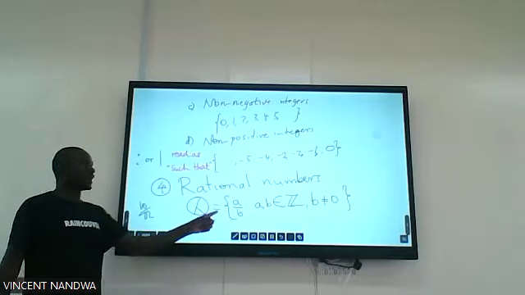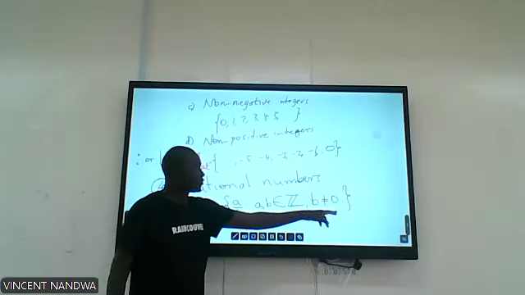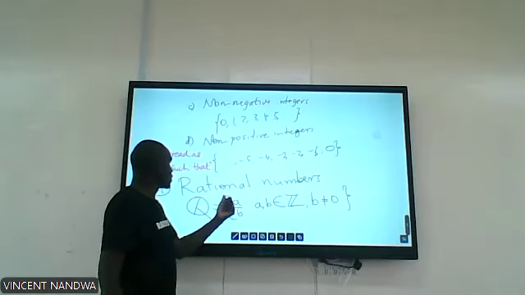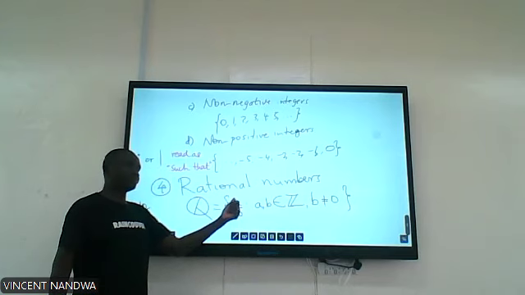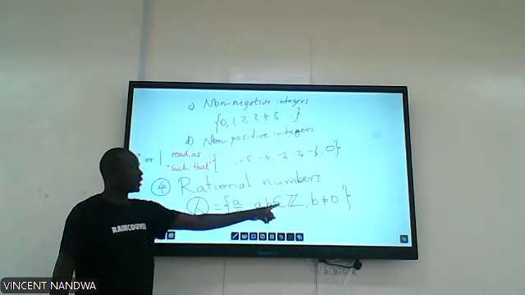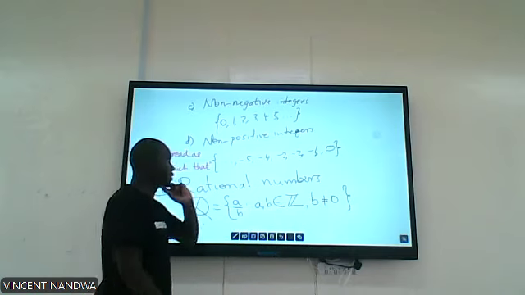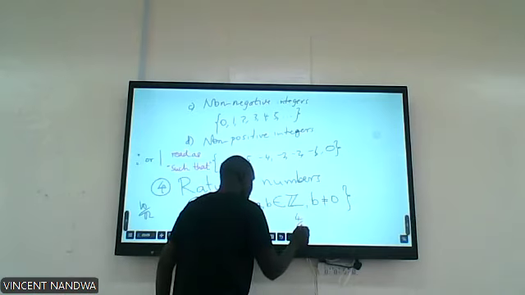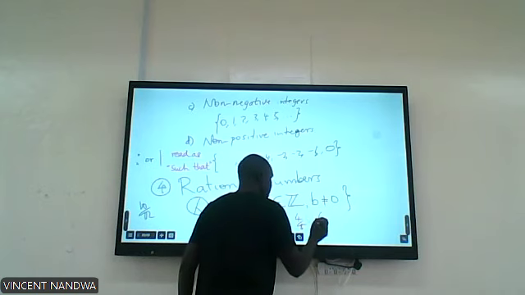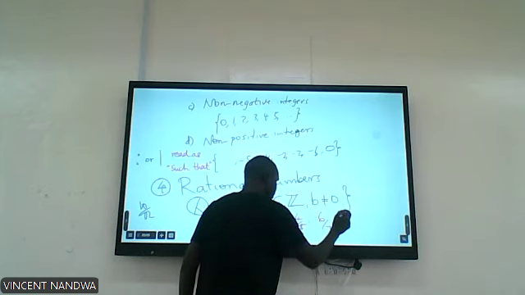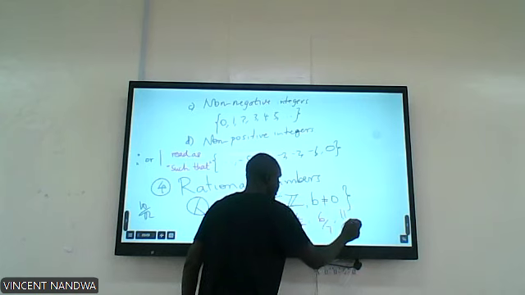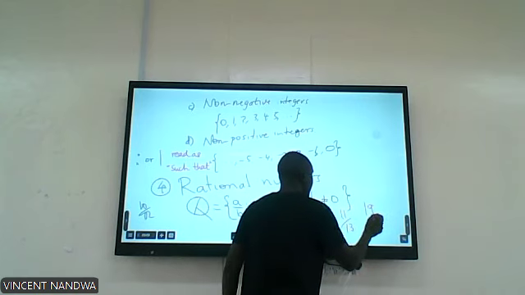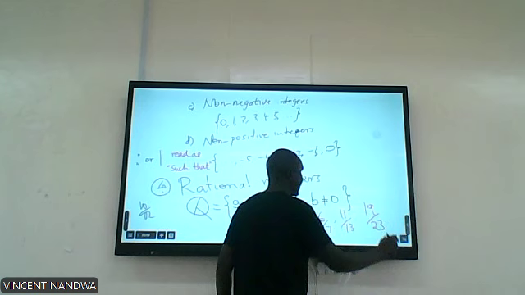When I open these curly brackets, this form means a set. So this is the set of all elements A over B, such that A and B are integers and B is non-zero. Examples of numbers in this set are 4 over 5, 6 over 7, 11 over 13, 19 over 23.